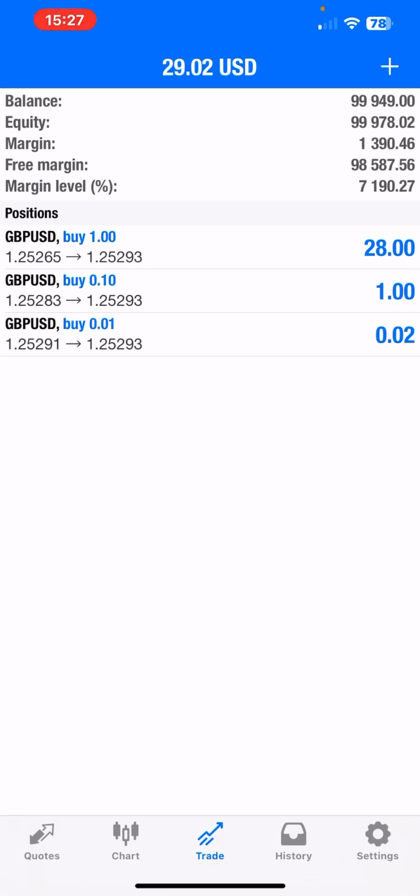You see now you have 1.25291. That's the price you bought at, and price is moving. It has gone to 29 and you entered at 29, so that's why the balance is 0. But if it goes down to 25 and so on, you see it is moving just by $0.10, and that's how it keeps moving.